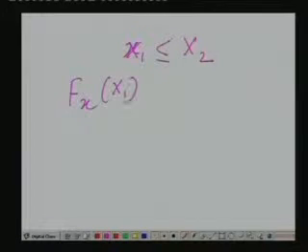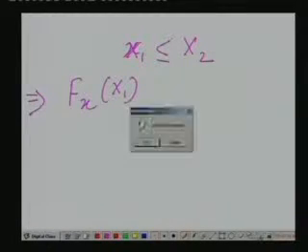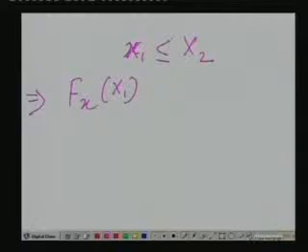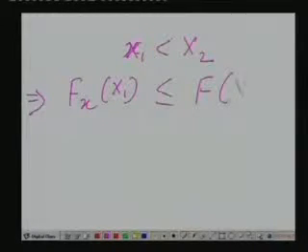Next, if you consider things like this, x1 less than or equal to x2, then F(x1) is less than or equal to F(x2).